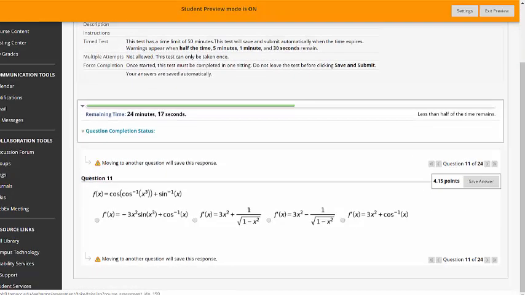Alright, so again, what is the cosine of the inverse cosine? Well, they're inverse functions of each other, so they go away. So this ends up being simply x cubed plus the inverse sine. So we should have 3x squared as the first term. This one looks like a contender, this guy also looks like a contender, and so is this guy.